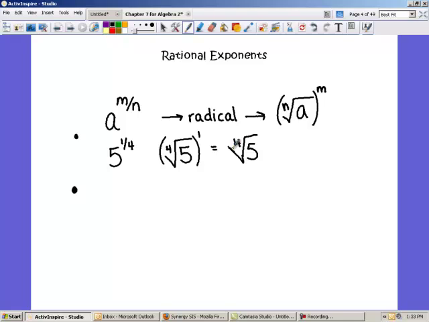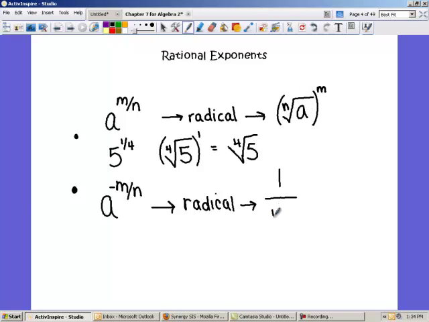All right, and the next rule is exactly the same, except we know that if we're changing this to a radical, when we have negative exponents, we have to flip them. So it's just going to be the same exact thing as we got up here.